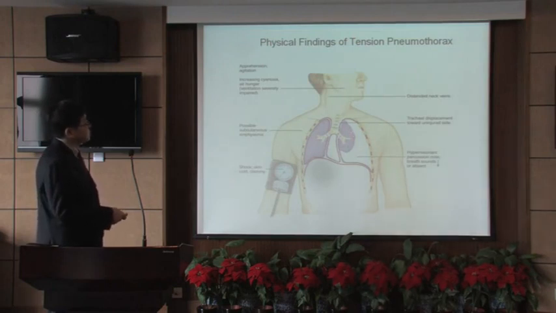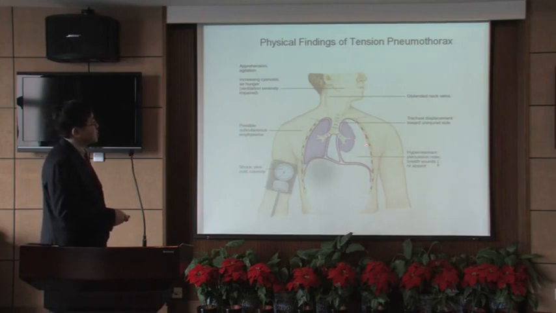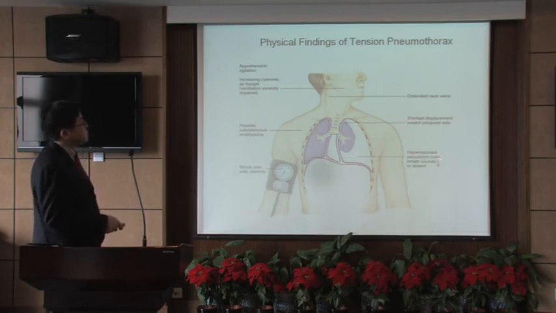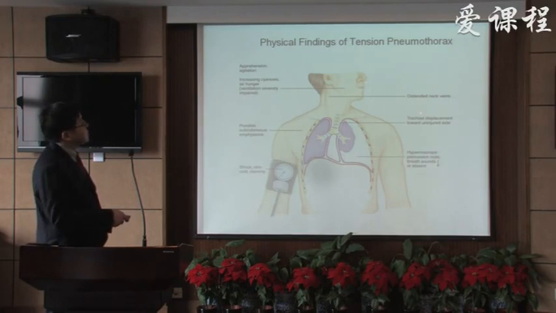Always remember that the air only enters the thoracic cavity, but does not exit from it. So it causes tension pneumothorax. So the patient will have a hyperresonant percussion note, and the breath sounds will be absent. There will also be a mediastinal shift, with tracheal displacement towards the uninjured side.